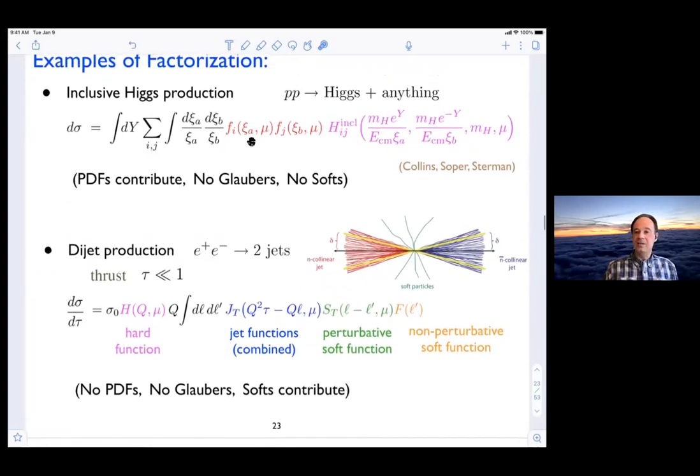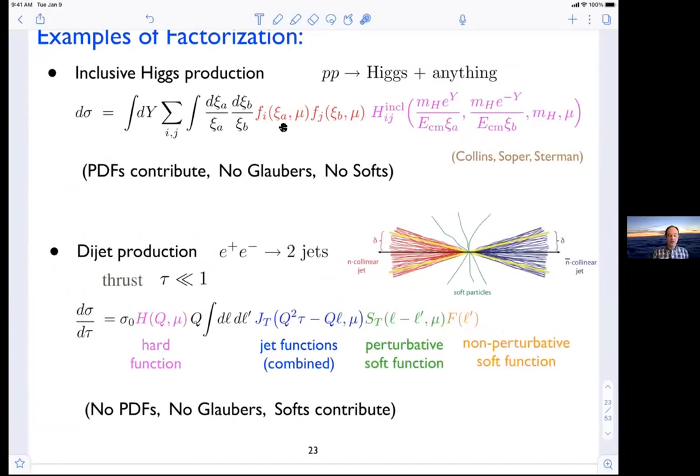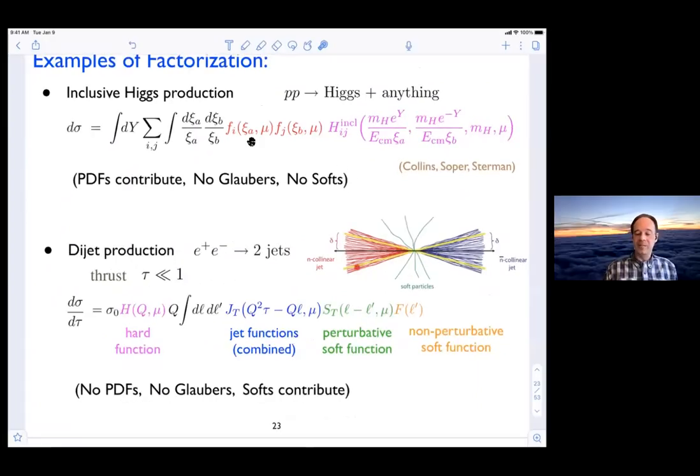Another process that you might be interested in is producing jets in e+e-. Historically, this was used, for example, to measure the strong coupling. This is a simpler process, but then you can ask questions about some observable that's introducing a long distance scale, like thrust, or the sum of the jet masses of a dijet. Thrust is actually very closely connected to that sum of the jet masses.